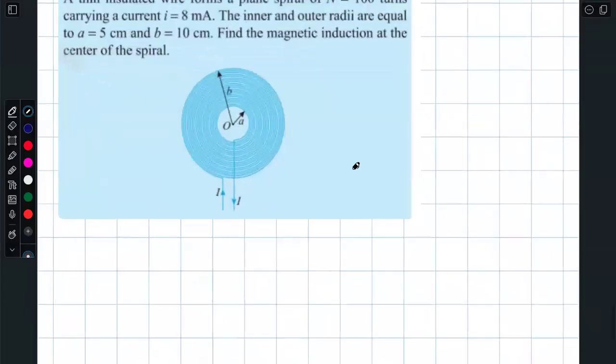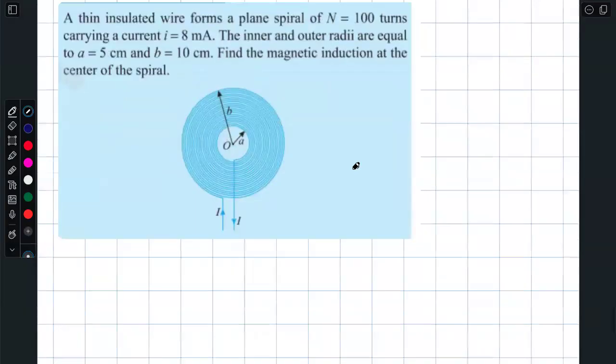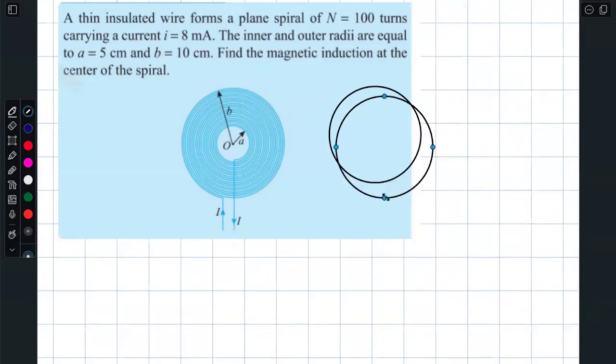This is a very simple question actually. The only thing you need to understand is the following. That's all.